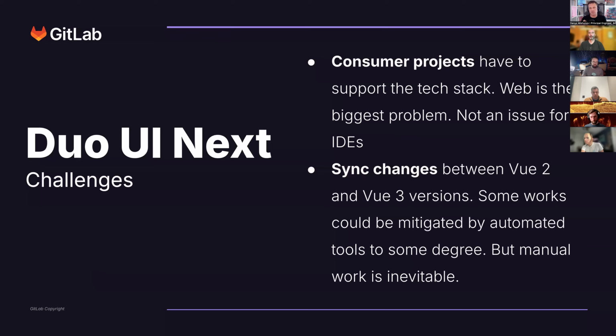So the main problem is the web. Unless we solve this for web, there is this sync challenge where we have to sync changes between Vue 2 and Vue 3 versions for some time. Some of the work could be mitigated by automated tools to some degree. We can work on that. I also have some ideas, but manual work is inevitable.